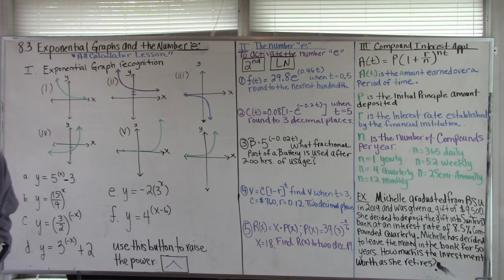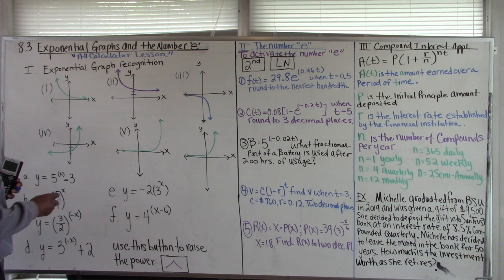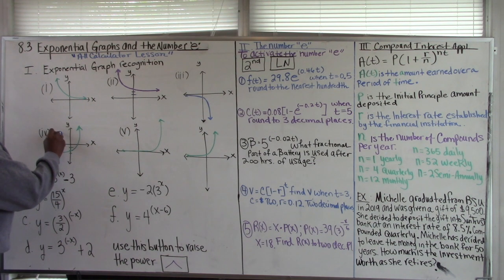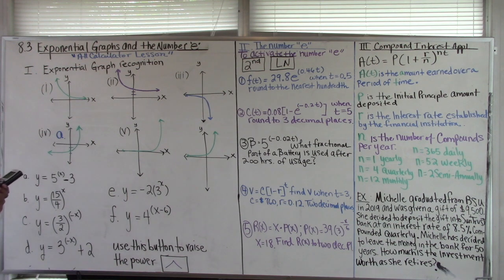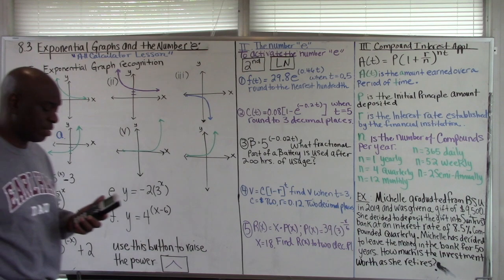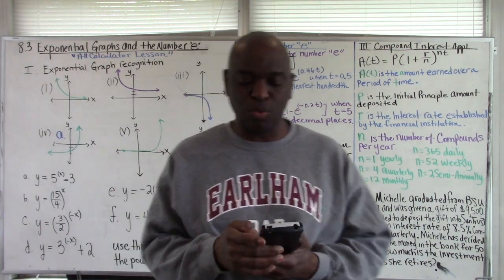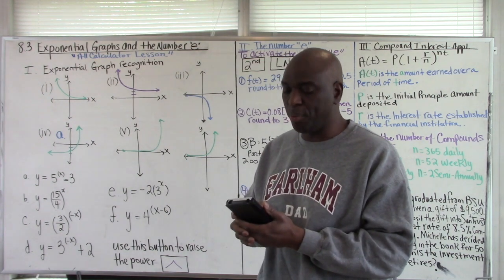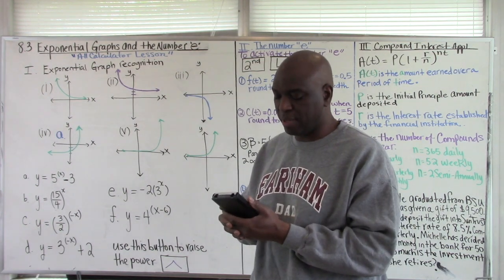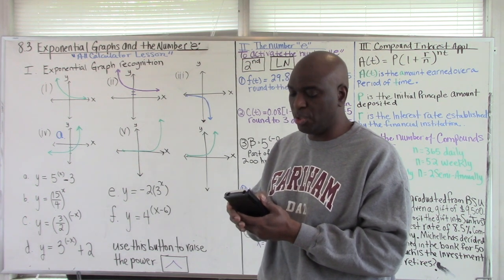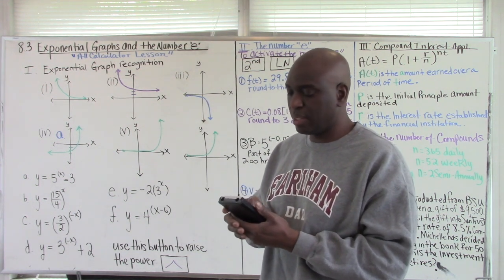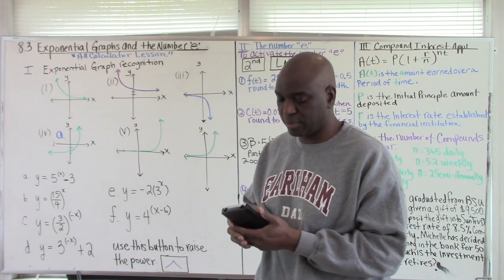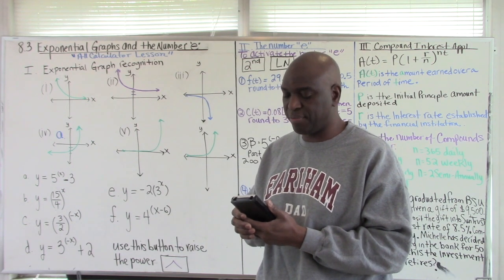So graph number 4 is A. Now let's graph B. Go back to your calculator, go back to y equals, clear it out, and enter y equals open parenthesis 15 divided by 4, close parenthesis, to the power of x. Hit graph.